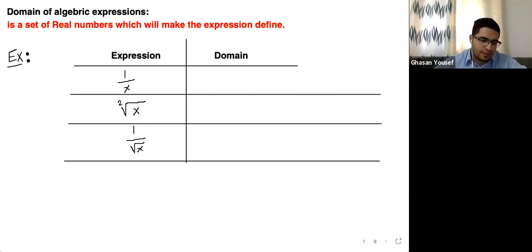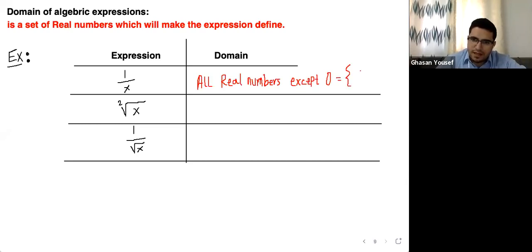So the domain will be all real numbers except 0, or I can define it mathematically as x such that x is not equal to 0.